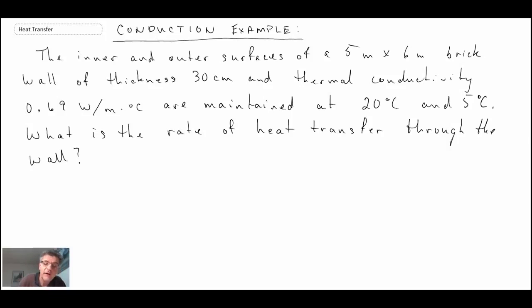So let's write out, and we should do this whenever we're solving problems, begin by writing out what we know. So our knowns. We were given the dimensions of the wall, and consequently we can determine the area, the thickness of the wall. We were told the thermal conductivity. Remember from Fourier's law, k was the thermal conductivity, so we use little k for that.